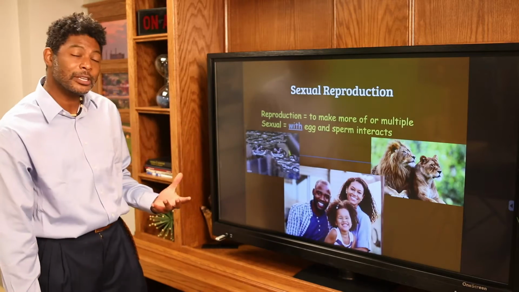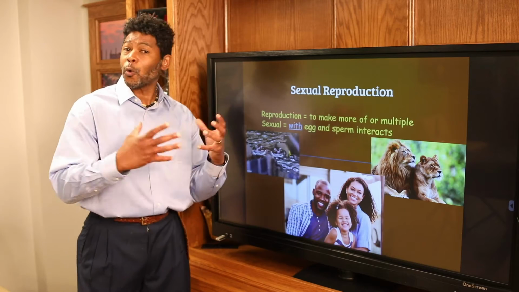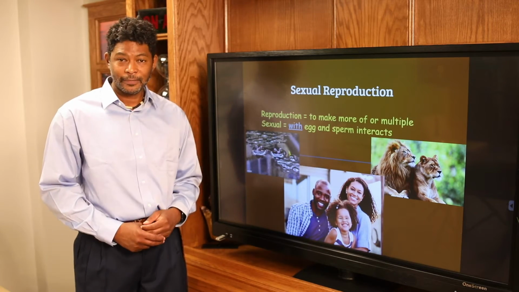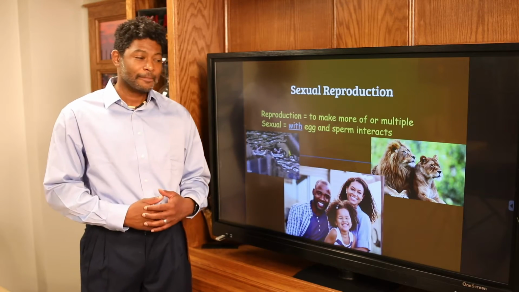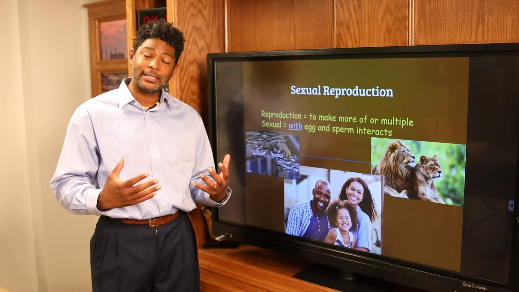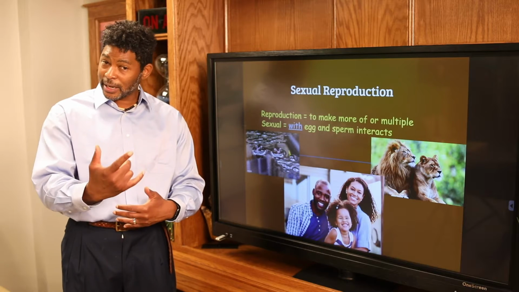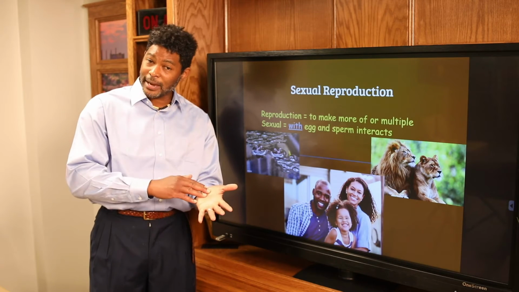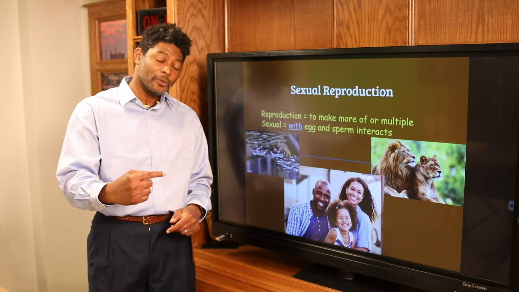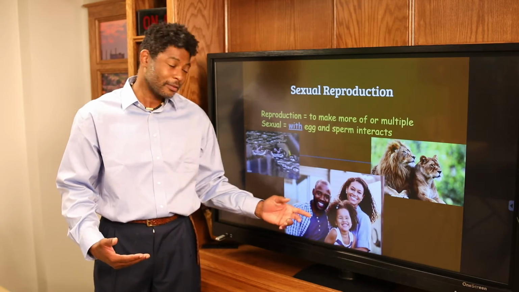In sexual reproduction, we're talking about making another organism as a result of egg and sperm interacting. So, amphibians, mammals, human beings, all of us go through a process of sexual reproduction to get offspring. So again, remember, asexual, somatic cells, mitosis, but meiosis, which is the sexual reproduction, will allow you to get an offspring from a mother and a father.